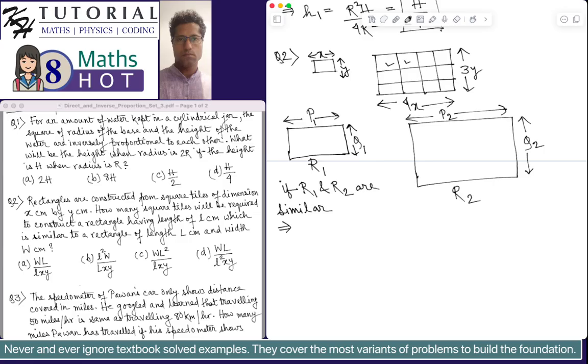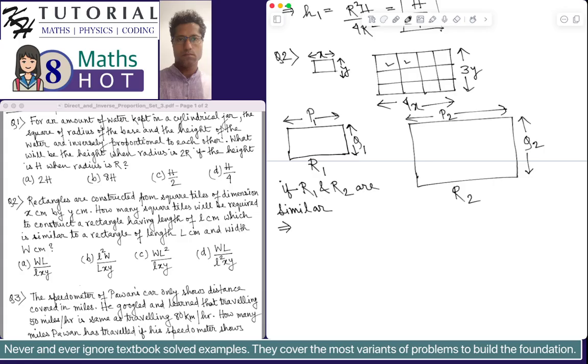By that I mean the ratio of the length of the rectangle R1 and the rectangle R2 will be equal to the ratio of the width of the rectangle R1 and the width of the rectangle R2. So this is the definition of similar rectangles.